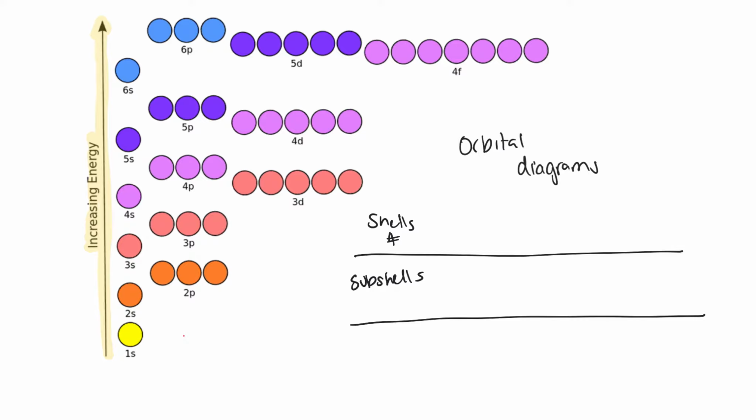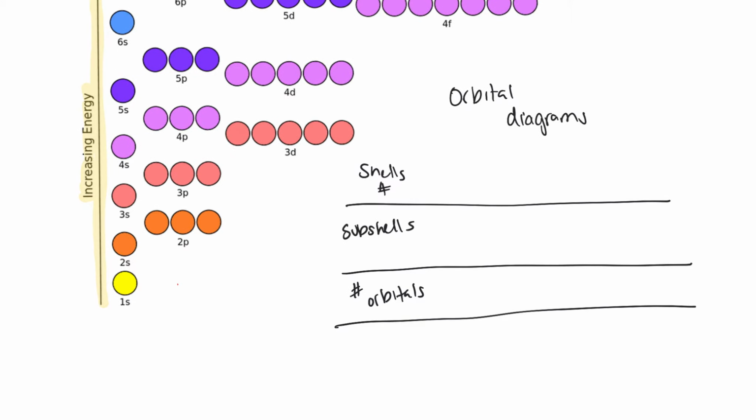Then we have the number of orbitals, and then the maximum number of electrons.